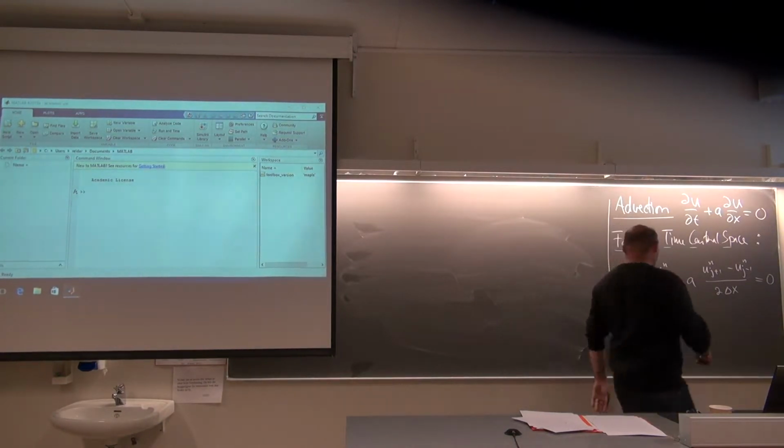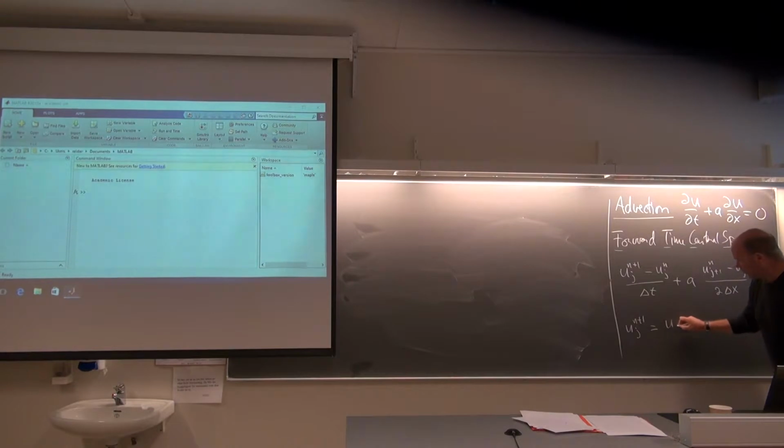Well, this guy goes on the other side, u_j^n, and then these two guys over the other side will change sign. So this will now be negative. We will have delta t multiplied with a over 2 times delta x, and then these two guys inside here.